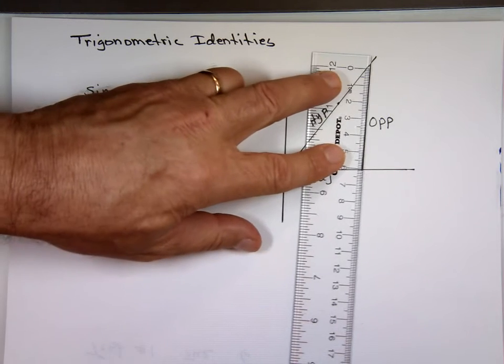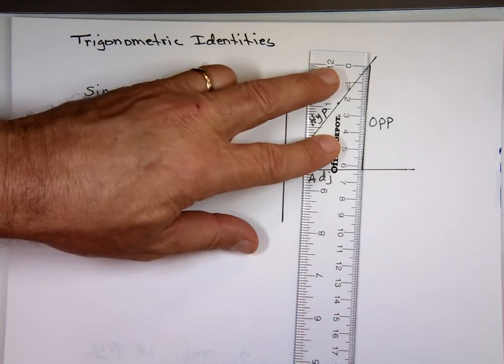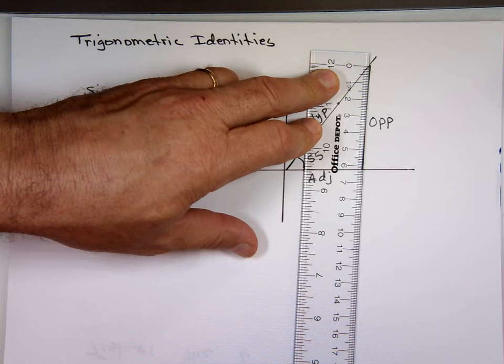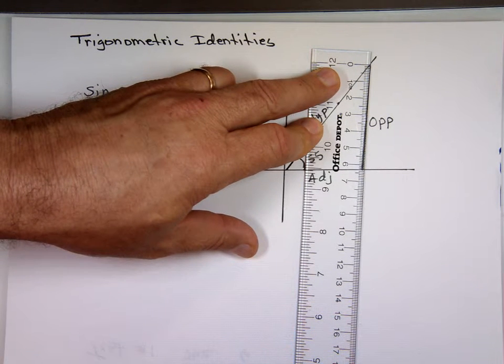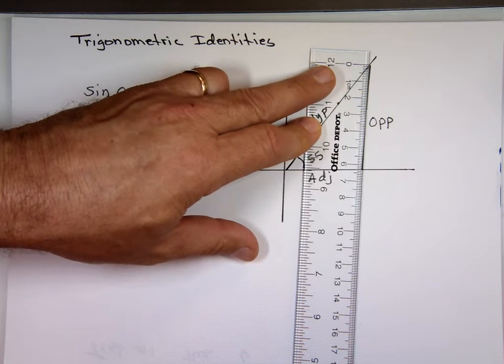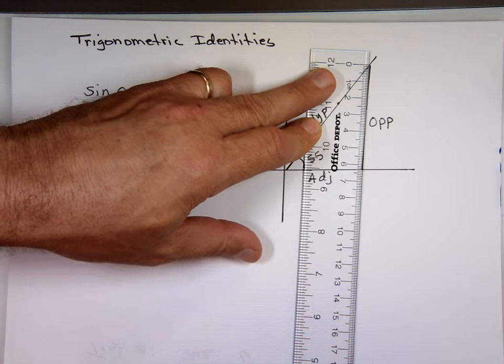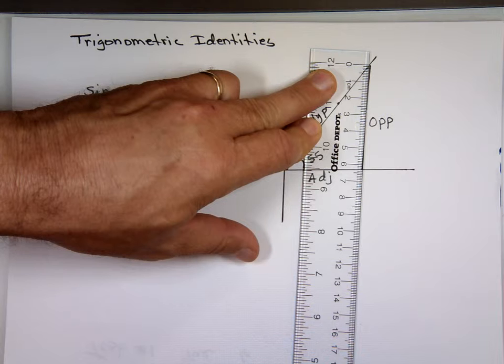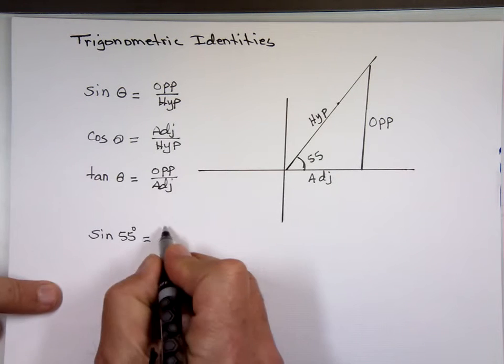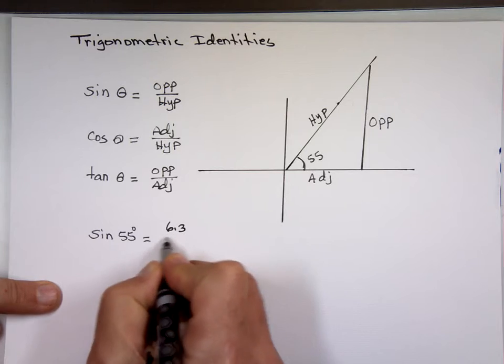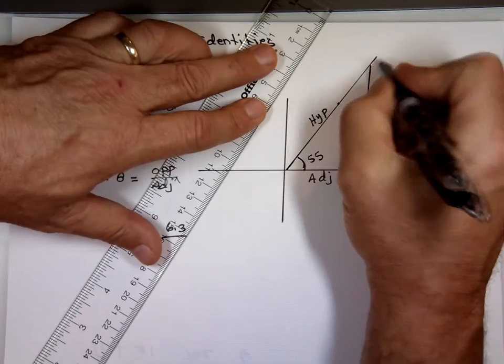Let's measure the length of the opposite. What do you think that value is? Around 6.2, 6.3. So I'll say 6.3 over the hypotenuse. That's from this dot to the center.